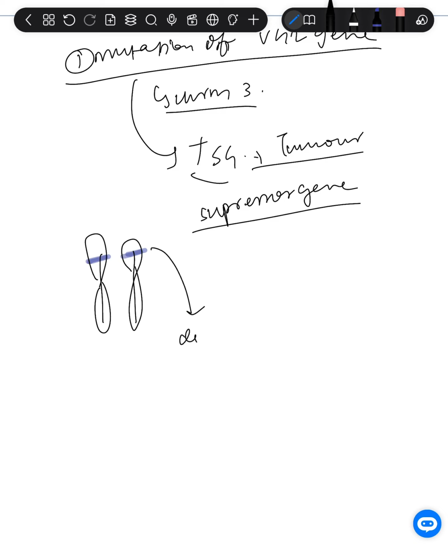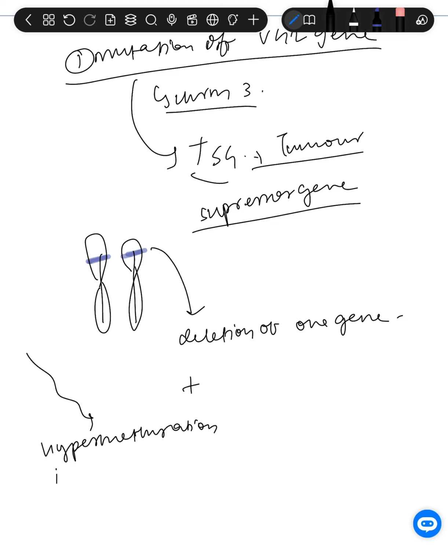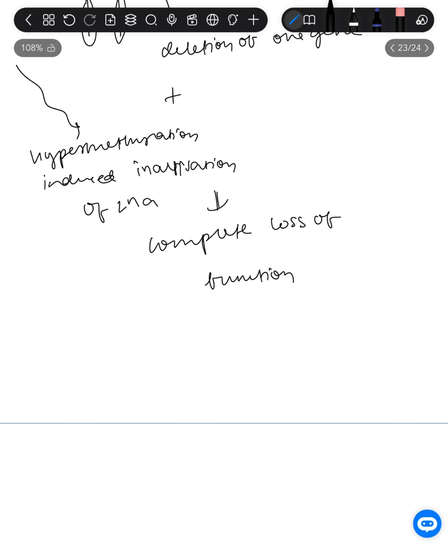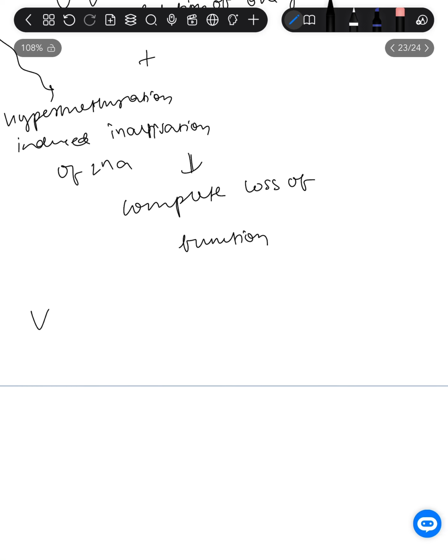There is deletion of one gene, which makes the cell prone to cancer, plus hypermethylation-induced inactivation of the second one, which leads to complete loss of function. Then, what exactly does VHL do?